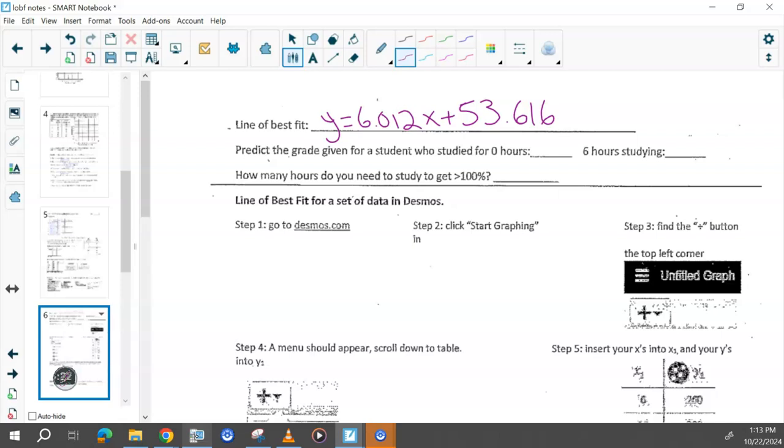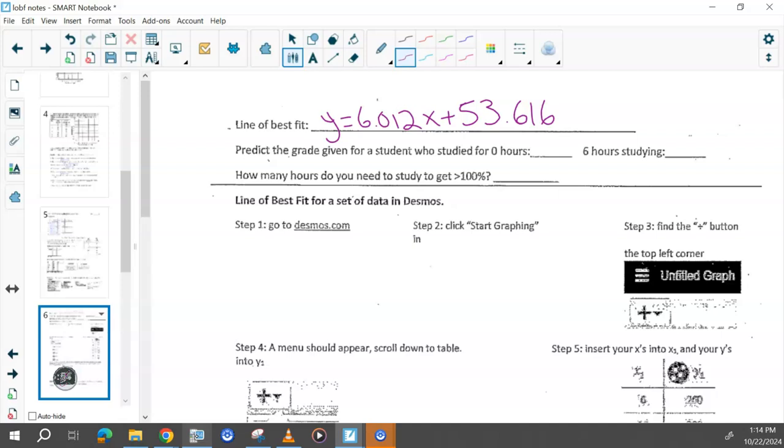Now I'm going to show you how to do the rest of this in the calculator. Yes, some of this you could do by hand as well, and you'll have that choice. If we're trying to predict the grade for a given student who has studied for 0 hours, what variable are we looking for? The grade, which was what variable?